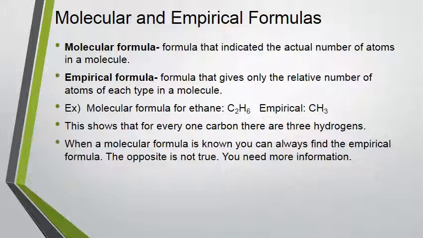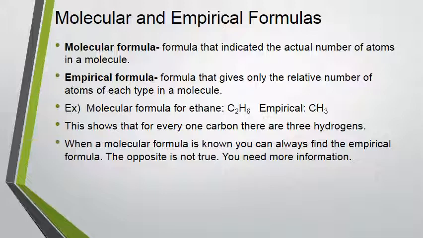So an example, our molecular formula for ethane is C2H6. So 2 carbons, 6 hydrogens makes our molecule. That's all that's involved there. But we can take that and reduce those numbers down and just kind of get the ratio of carbons to hydrogens. So our empirical formula would be CH3, 1 carbon for every 3 hydrogens. So that's just kind of our ratio.